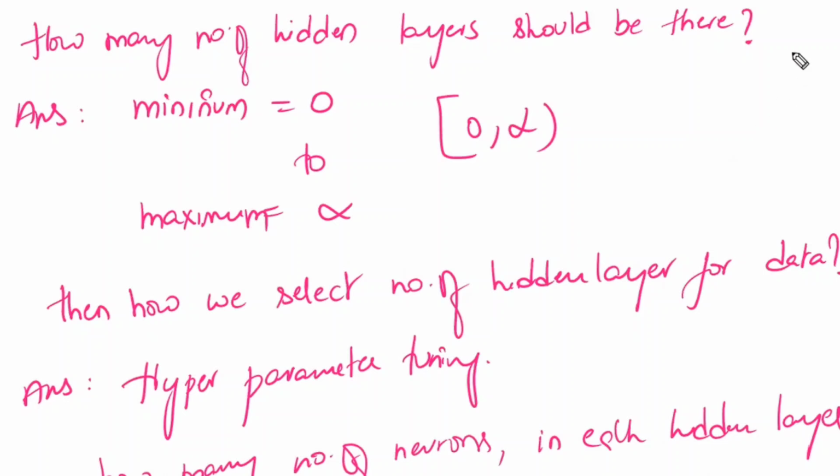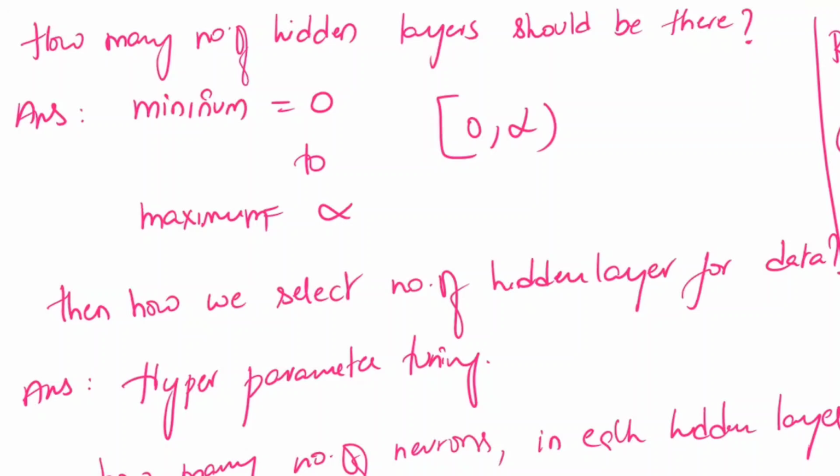The rule is applicable only for the input layer and the output layer. There is no rule for the hidden layers, not even one rule.